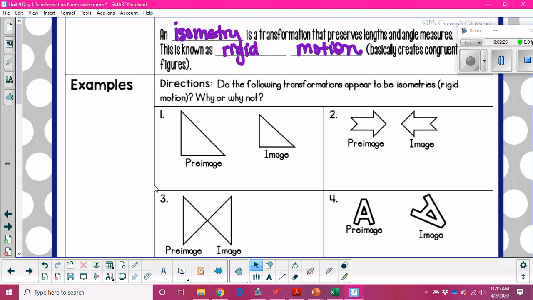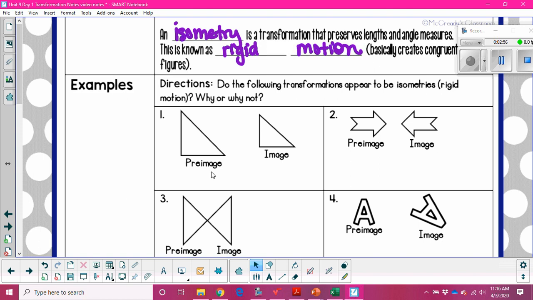Okay, so looking at that, let's look at these examples down here. Do the following transformations appear to be isometries? Why or why not? Okay, so looking at number 1, your pre-image here is your original figure, and this is the image. Basically, we took the pre-image and we just slid it. That's a translation. Okay, but is the image the same size as the pre-image?